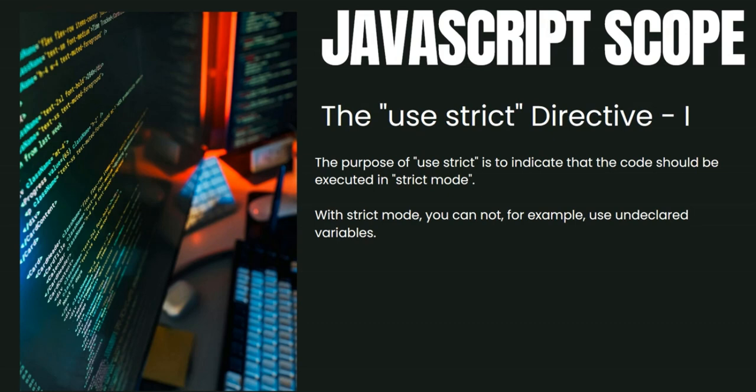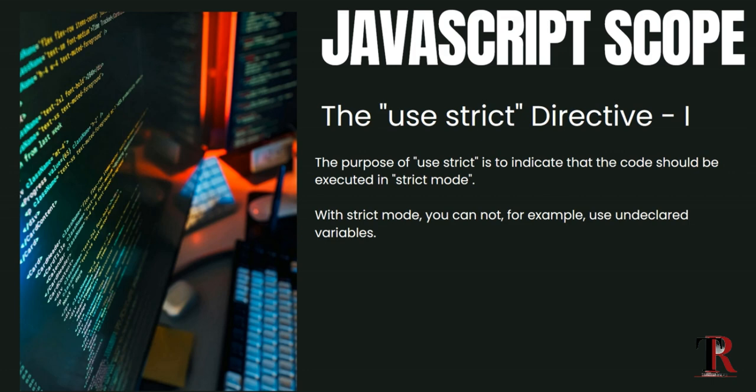In this lesson, we are going to be looking at the use strict directive in JavaScript, especially when it comes to talking about scoping in JavaScript. Remember that we've talked about hoisting in the last lesson, which showed us how operations are performed in JavaScript, especially when it comes to code execution, how JavaScript reads code and interprets it when it comes to execution.